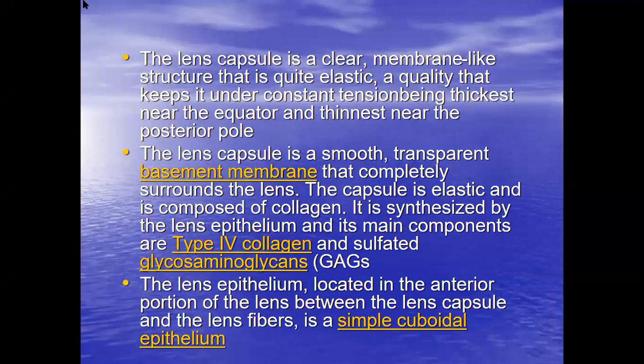Now if we talk about the lens capsule, it's a clear membrane-like structure and it's elastic. Again, the clinical implication: why is it elastic? The lens is suspended in its position with the help of suspensory ligaments, or the zonules. The lens is not a rigid structure, it has to be flexible. Why? Because the lens should change its shape according to the distance of the target.